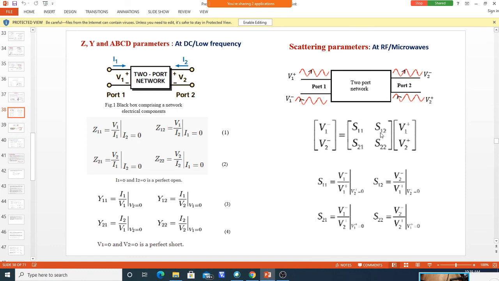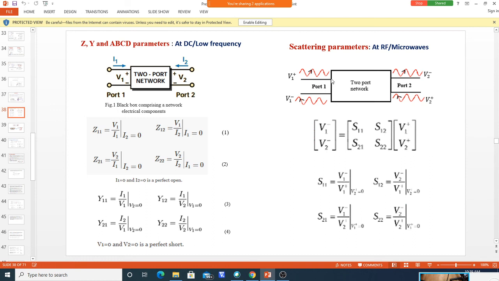The parameters are defined similar to the ABCD parameters. These are S parameters. A two-port network has four parameters: S11, S12, S21, S22.